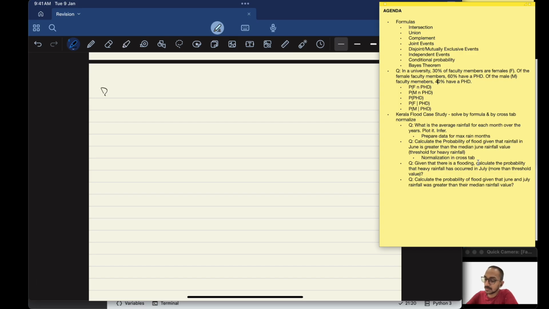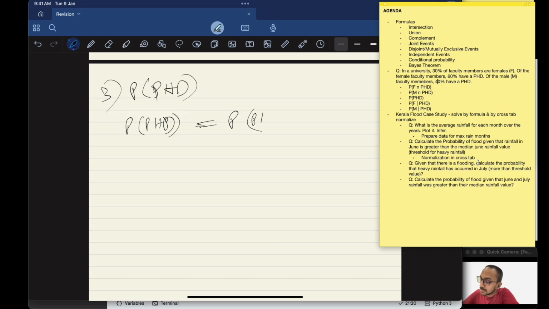Now the next one is general PhD. We already solved this, right? What they are asking is, if we choose a person randomly in this faculty member group, what is the probability that any person we choose, he or she has a PhD? Any random person we choose, they have a PhD degree. So again, like we saw, this is nothing but law of total probability.